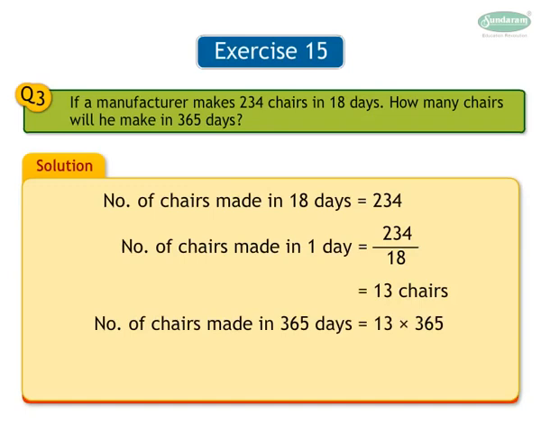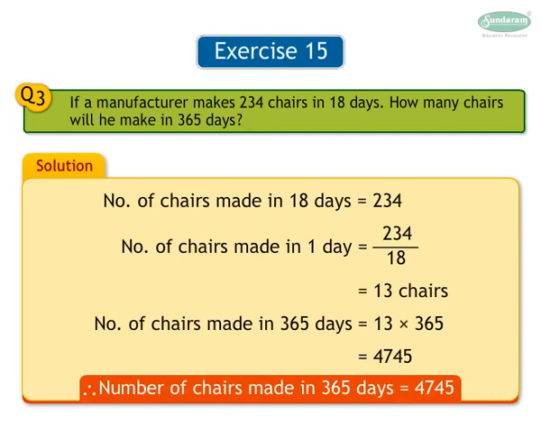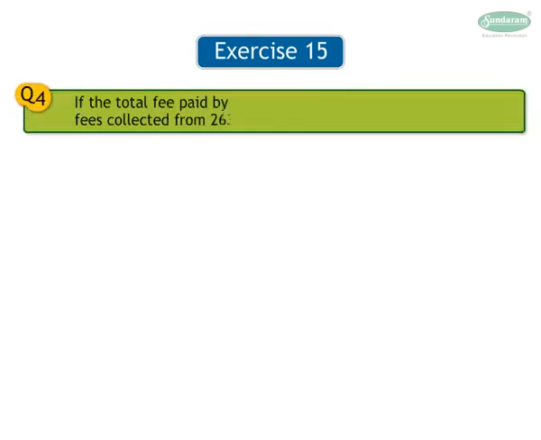Number of chairs made in 365 days is equal to 365 into 13, is equal to 4,745 chairs.